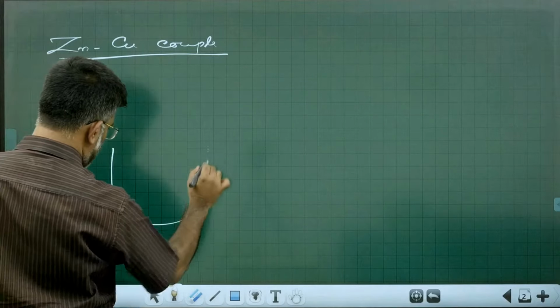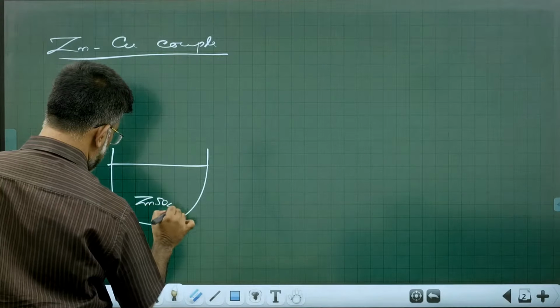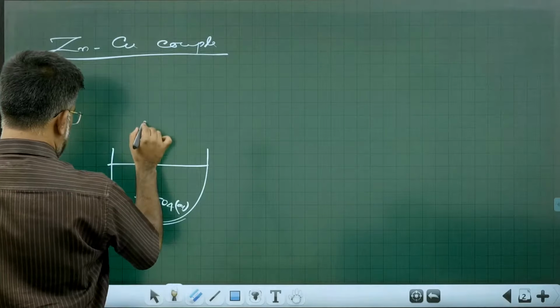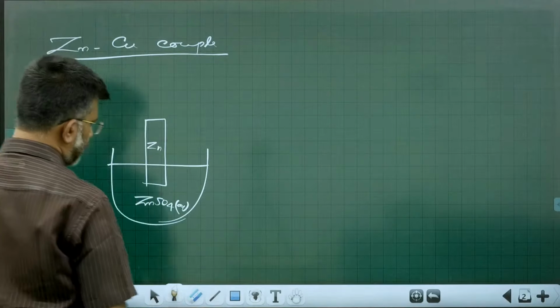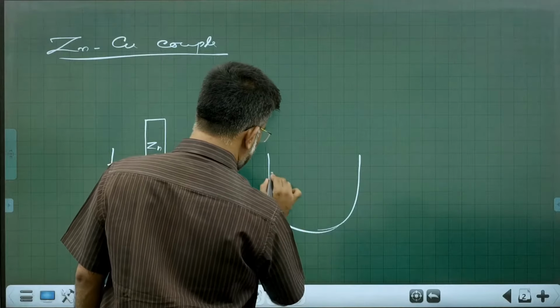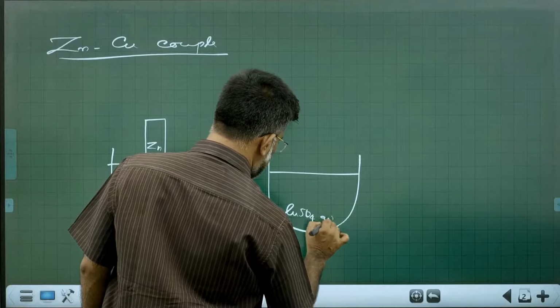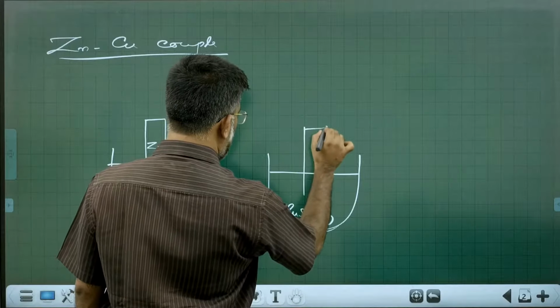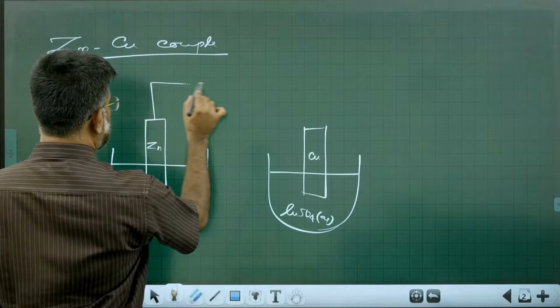A vessel is taken where zinc sulfate solution is taken and a zinc rod is immersed into it. And we have another vessel with copper sulfate solution, and a copper rod is immersed into it.